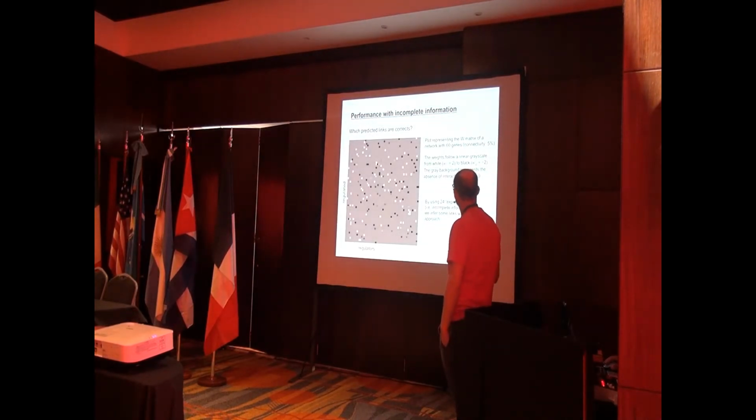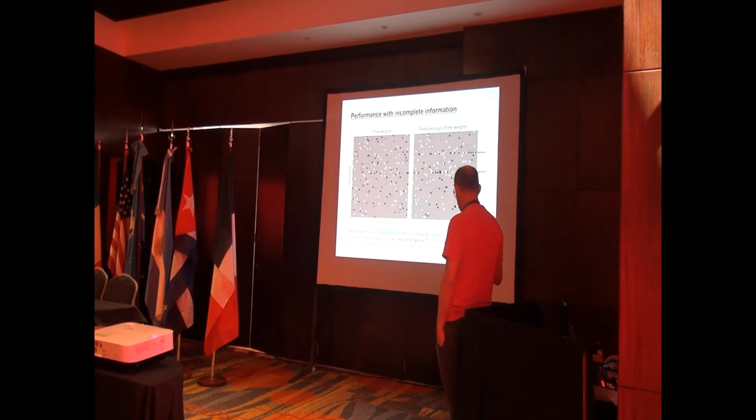For example, this plot is showing the connectivity matrix, where only 5% of the matrix entries are different from 0. This corresponds with the gray background, and we try to reconstruct with only 24 experiments, that is, with incomplete information using the IT approach. We can see these green circles.